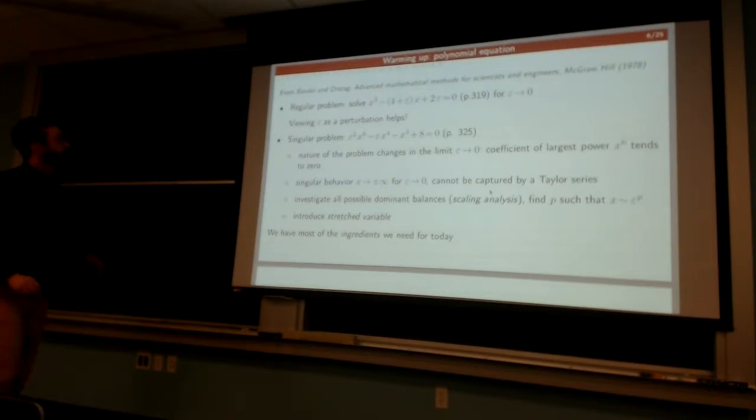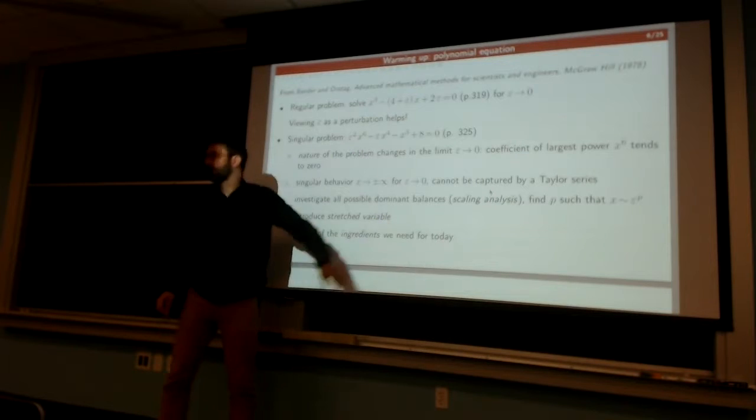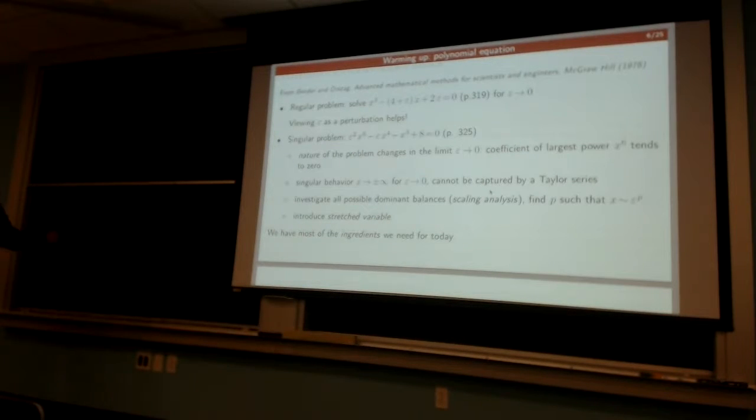In the singular case, I start the same way, by setting epsilon equals 0, and then my equation is minus x to the cube plus 8 equals 0, and the roots are 1, omega, omega square, where omega is e to the i 2 pi over 3, the cube root, sorry, of unity. Sorry, and there's a 2 missing. Okay, so I have these 3 roots.